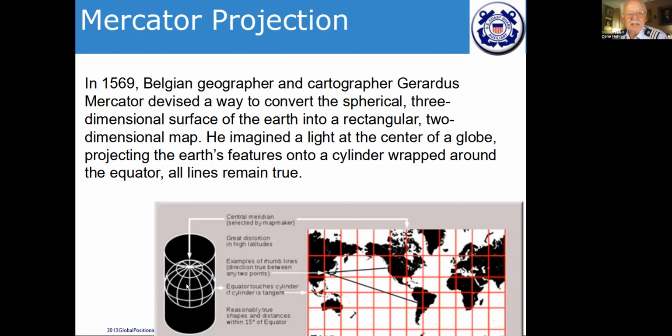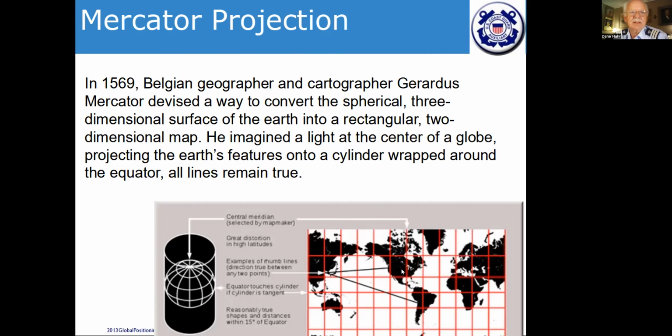Then you put a light in the middle of the globe and see what it casts out on this cylinder that's wrapped around it. And ideally, if you do it correctly, you're going to get a drawing like this drawing here. So this concept is, how do we take a globe and make it a flat map? This is one way of doing it.